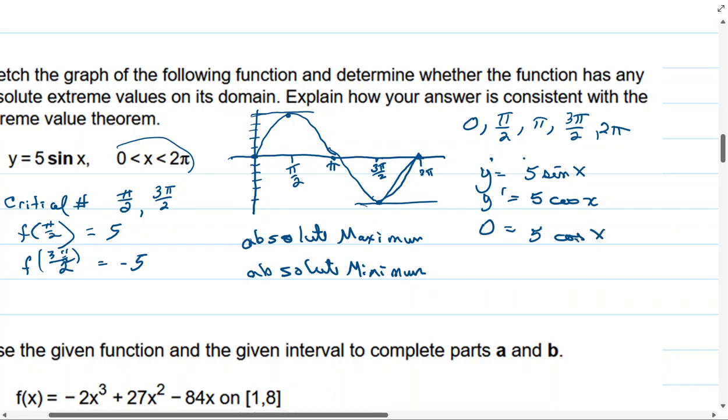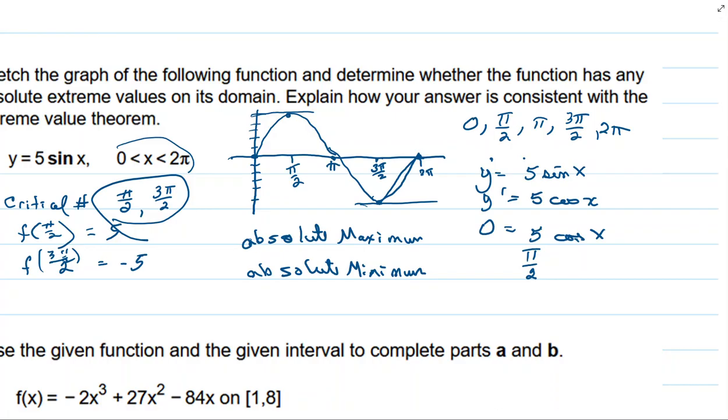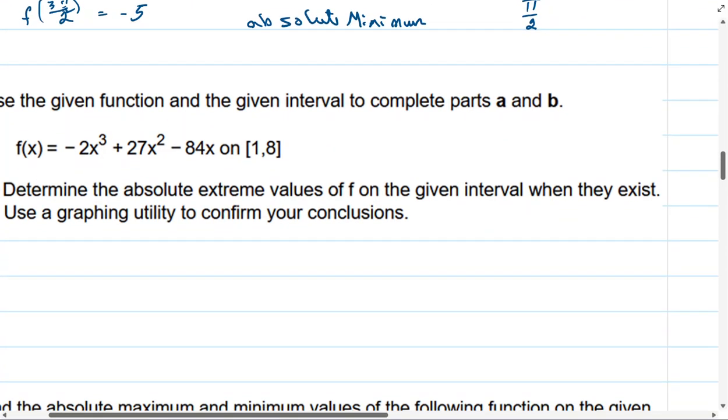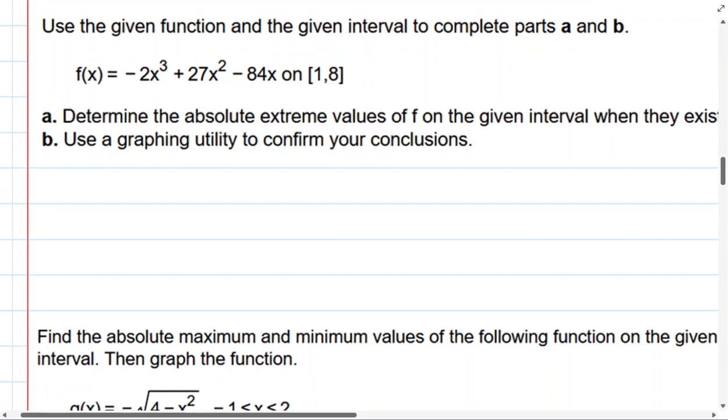Cosine is 0 at what? Pi halves and 3 pi halves. And we would come up with the same concept that we came with our visualization. Does everybody see that? So is everybody good? All right. Now we have this guy. I thought that was a good problem to demonstrate that your brain works just as well without a derivative as with a derivative.